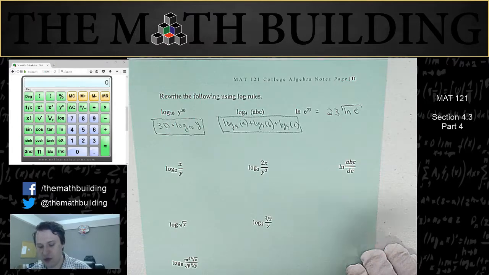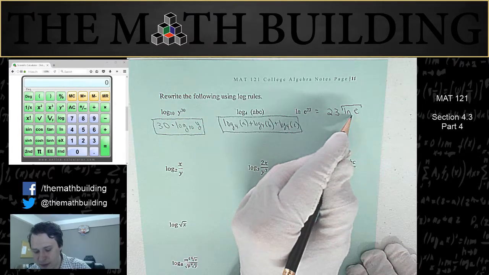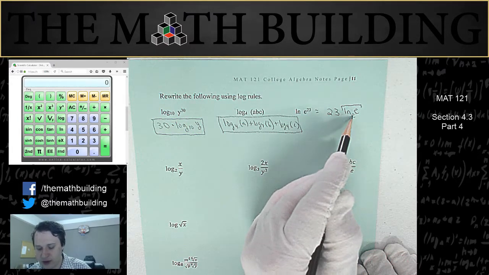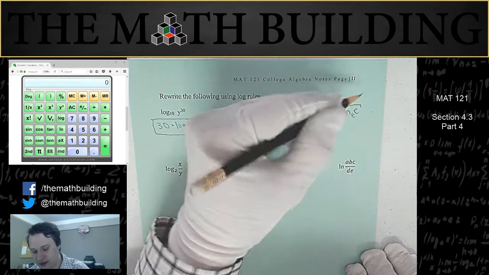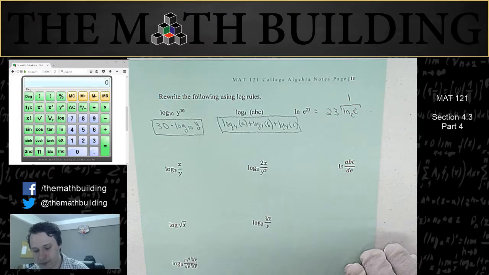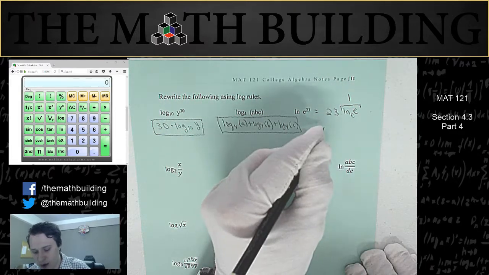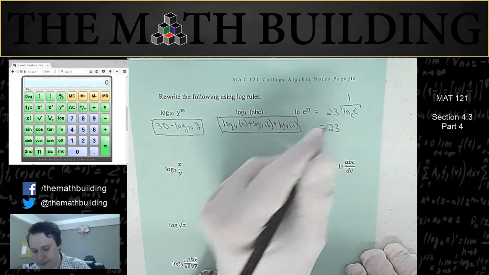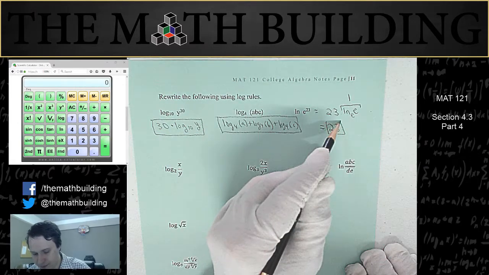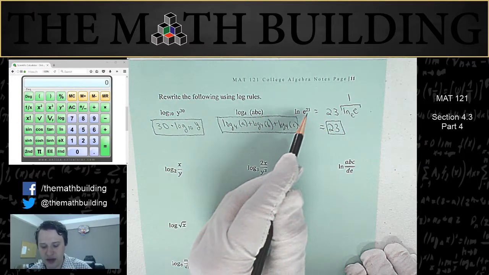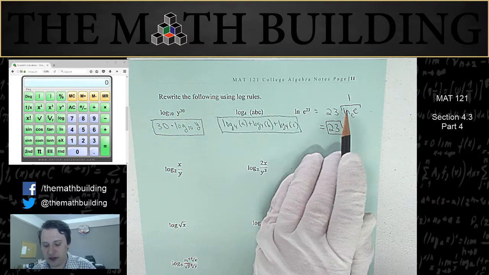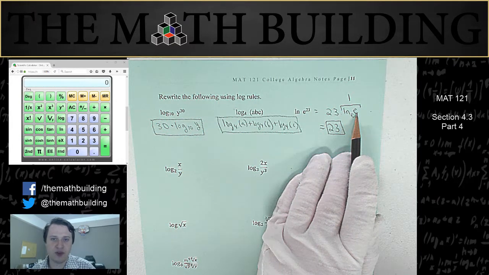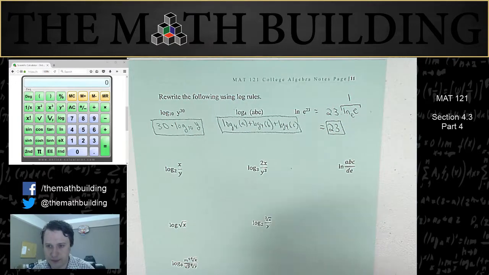Remember, natural log means base e, so in other words, e to the what equals e? Well, the answer is 1. So this is 23 times 1, or just 23. So the natural log of e to the 23 is just 23. It's good to know that the natural log of e is equal to 1. They kind of undo each other.